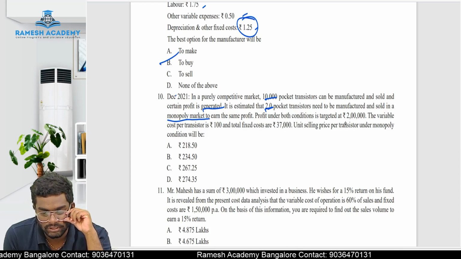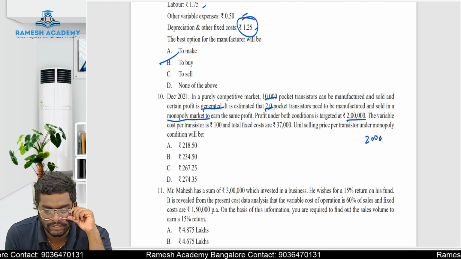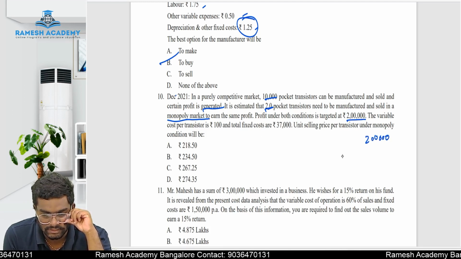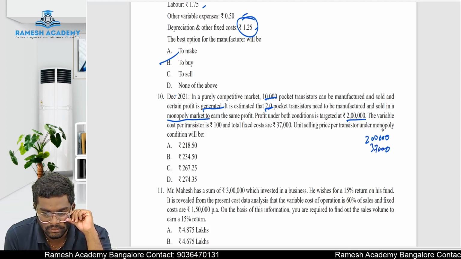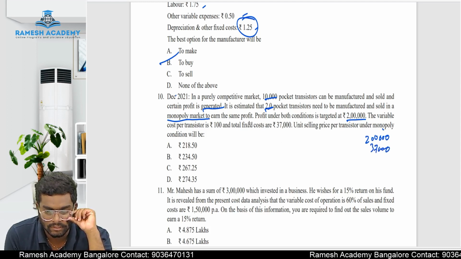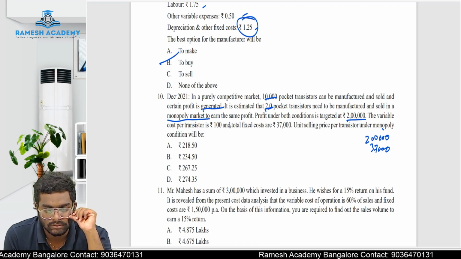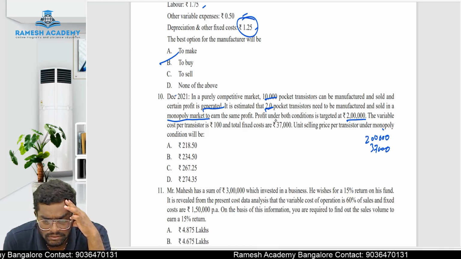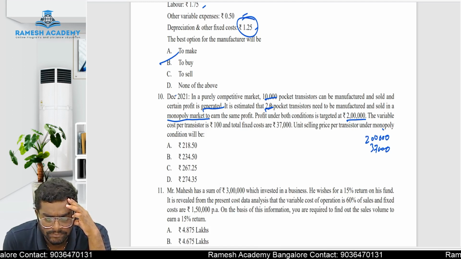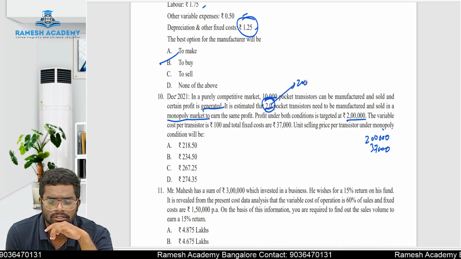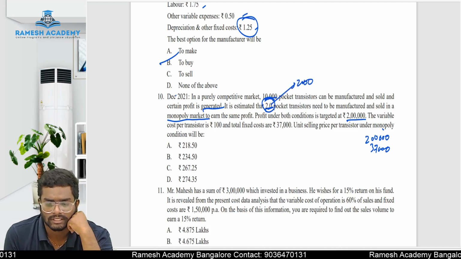Profit under both the conditions is targeted at 2 lakh. The variable cost per transistor is 100 and the fixed cost is 37. So fixed cost we can't change at any level of production. Now variable cost is 100 and unit selling price we have to calculate for monopoly. The units sold in monopoly are 2000 pocket transistors.